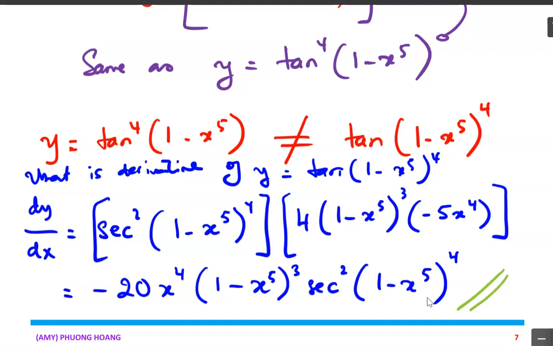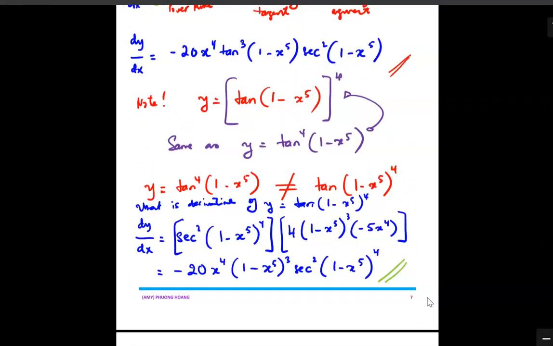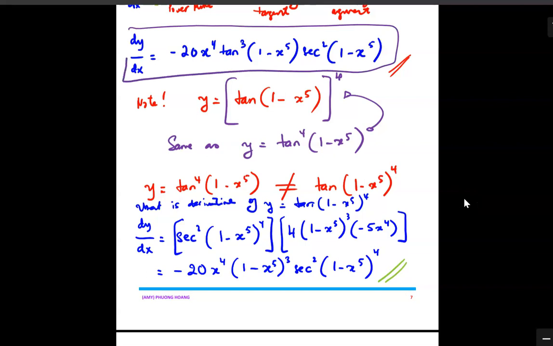So now compare the difference between these two. So let me zoom and make a comparison for everyone. So in this case, what you have is you have the answer like this, right? Okay. And in this case, you have the answer as such.